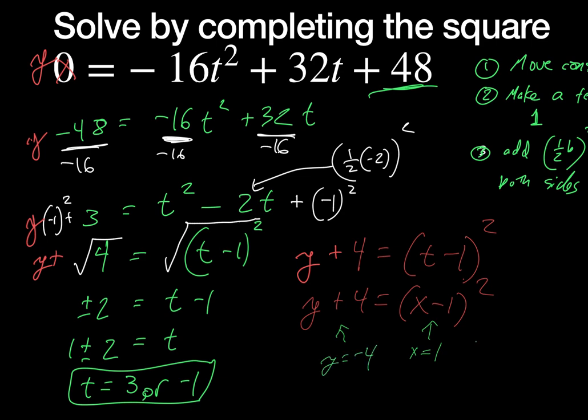The vertex for that parabola would be at (1, negative 4). And this information down here would actually tell me where it intersects the x-axis. So when I'm graphing, I can mark the vertex, I can mark these 2 points on the x-axis, and then I would make a parabola that curves up from this point.